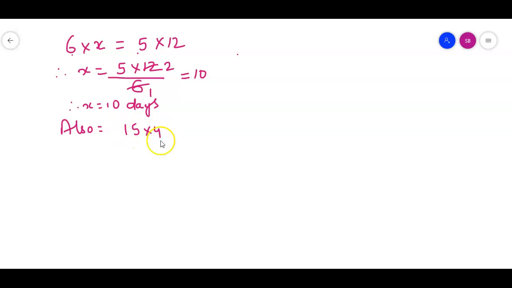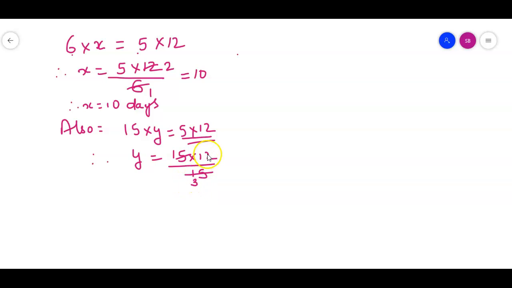Also, now we have to find out for 15 workers, right? 15 into y is equal to again 5 into 12. The same original proportion we have to take. So we have to find y. 15 we will take on the other side. That is 5 into 12 upon 15. 5 ones are 5, 5 threes are 15. We can divide.